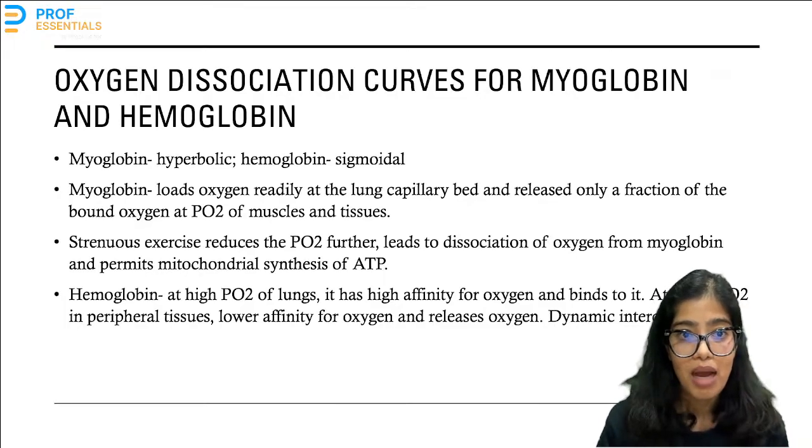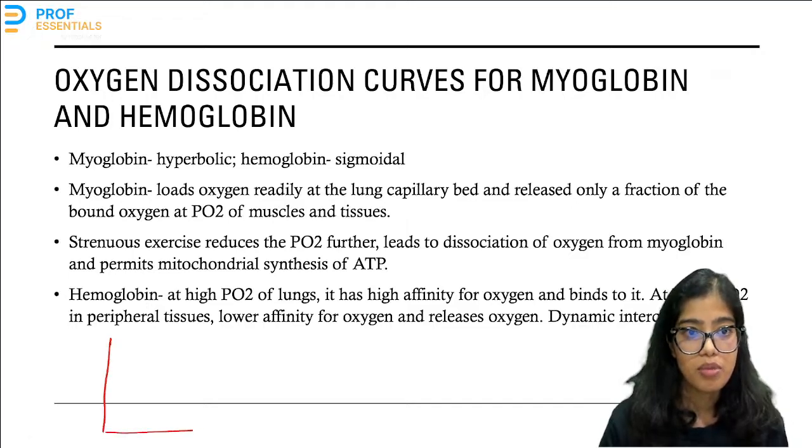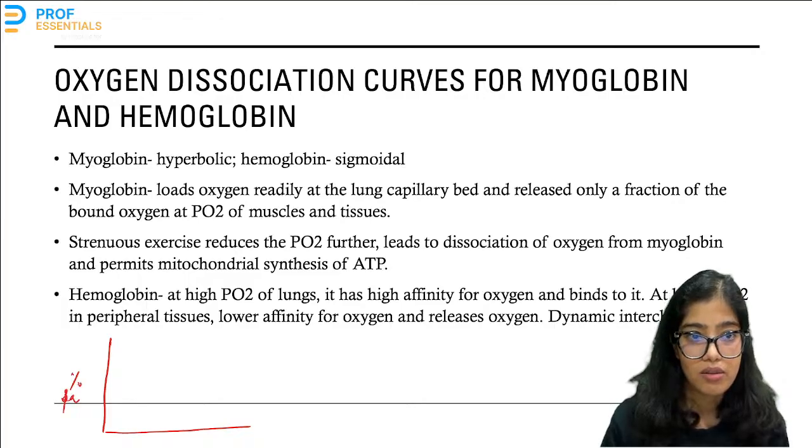Now for myoglobin, if you draw the oxymyoglobin curve, this is the percentage saturation of myoglobin and this is the partial pressure of oxygen. Suppose the partial pressure is 0 and percentage saturation here is 100, partial pressure here is 100.